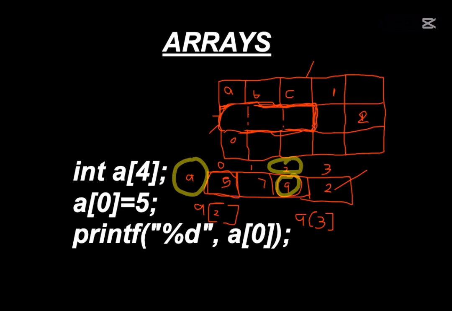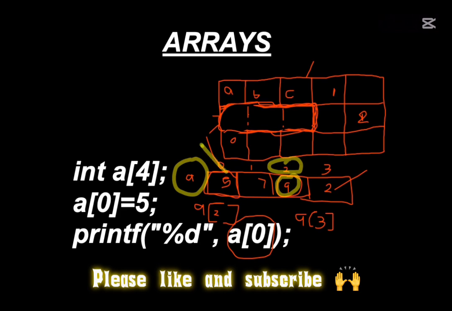So let's say for example I'm trying to print an array, then I'm going to need to indicate the index so that the compiler is going to know which part I'm trying to display. So here is going to display the value stored in index 0, which is here. It's going to display this value, which is 5. So this is how array actually works.